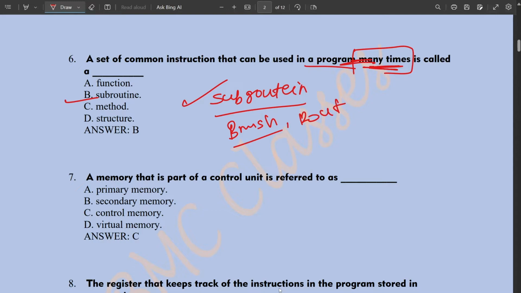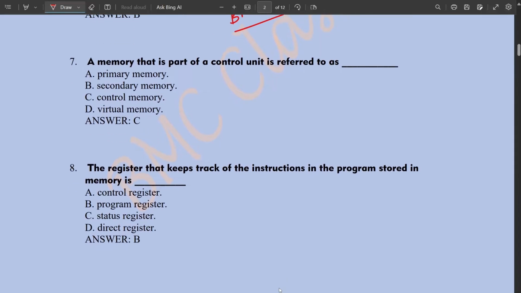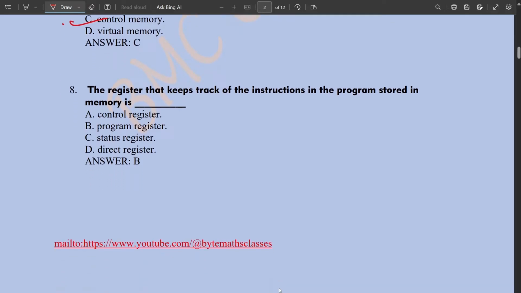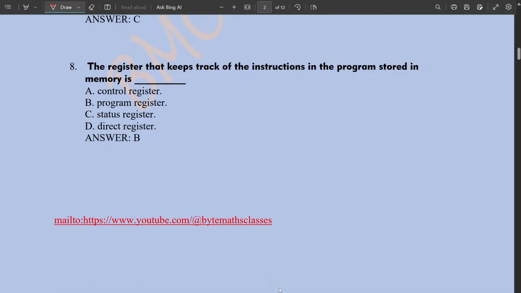Next, a memory that is part of a control unit is referred to as control memory. Next, the register that keeps track of the instructions in the program stored in memory is the program register. Option B is correct.